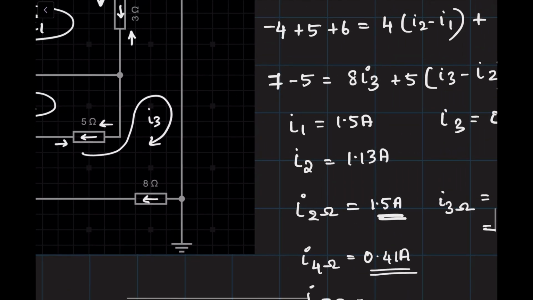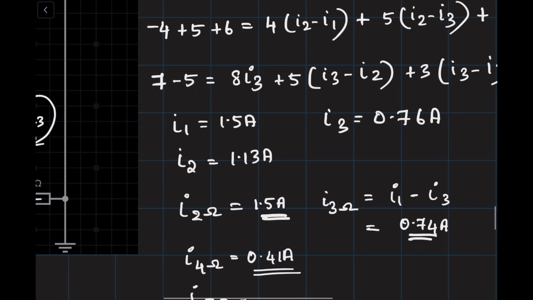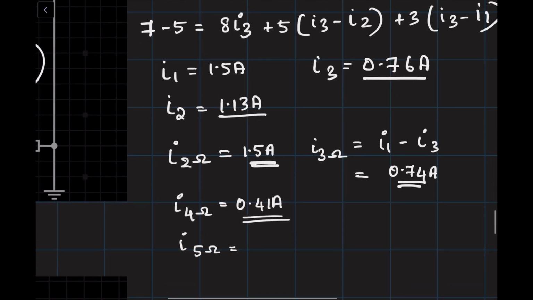You can check the value over here, you get I2 1.13, I3 0.76. So the value of the current flowing through 5 ohm will be equal to magnitude of I2 minus I3, which will be equal to 0.37 ampere.